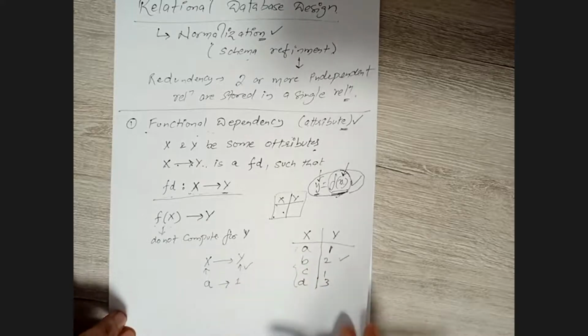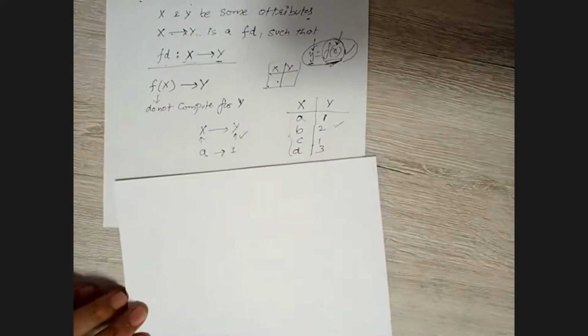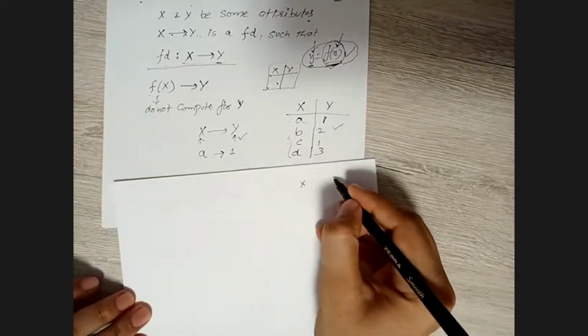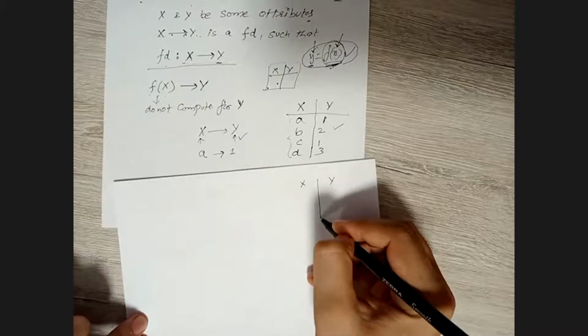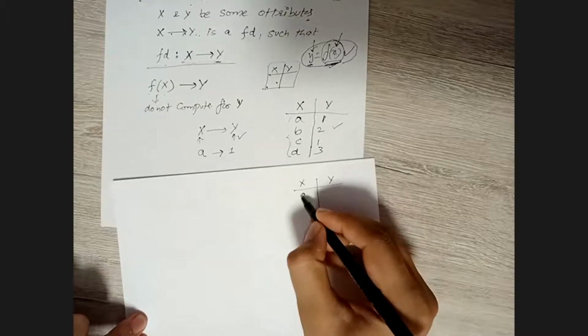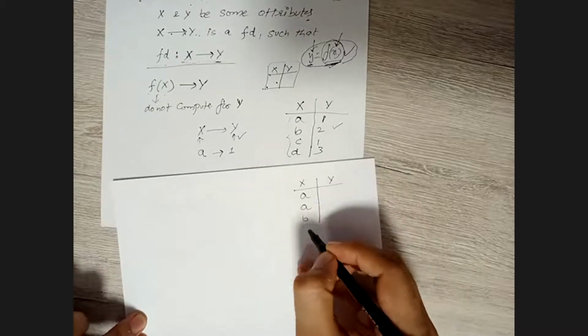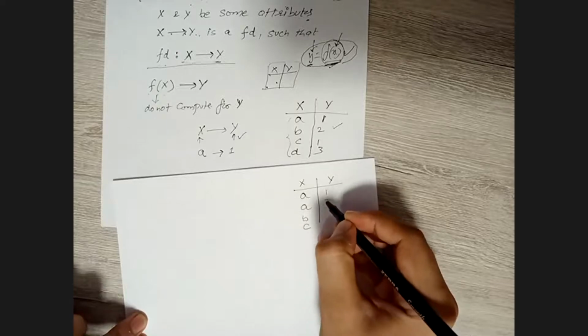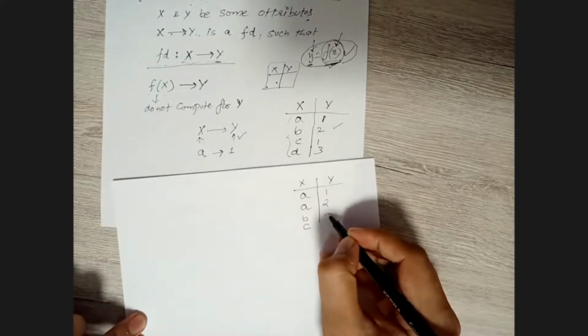Probably not. For example, let's say x and y are two attributes and I have some values a, b, c and 1, 2, 3, 1.